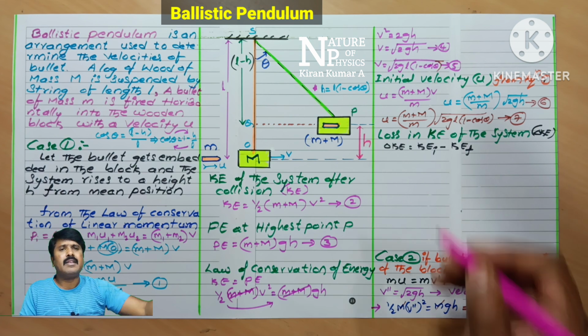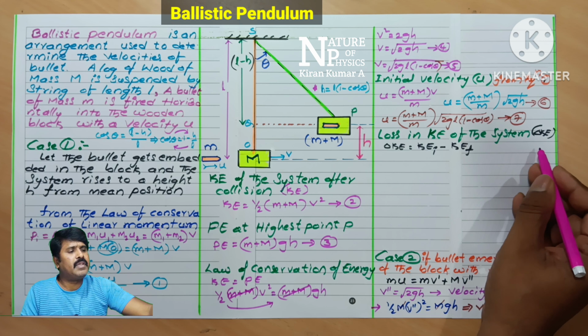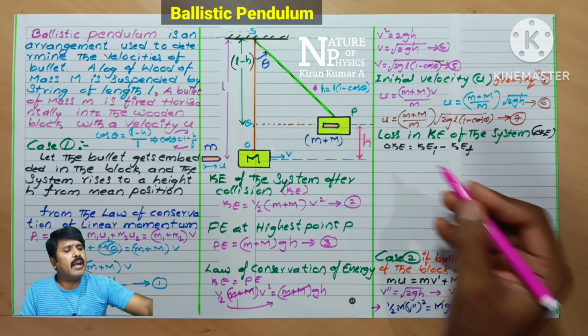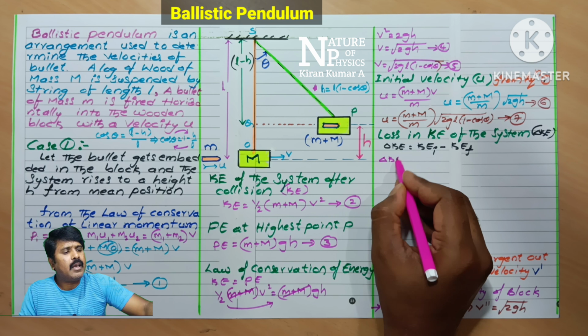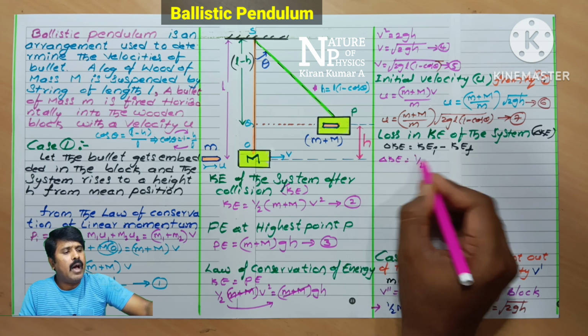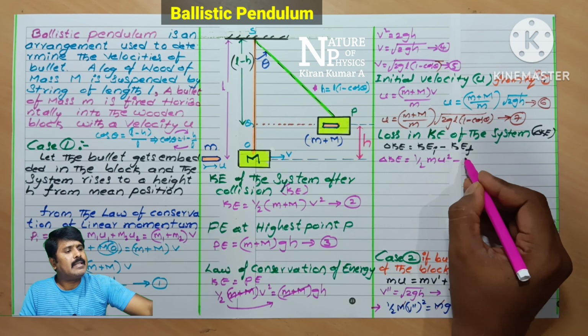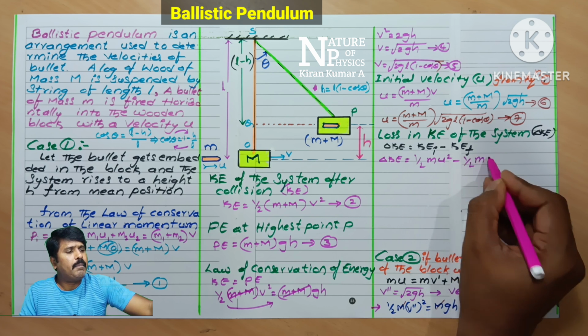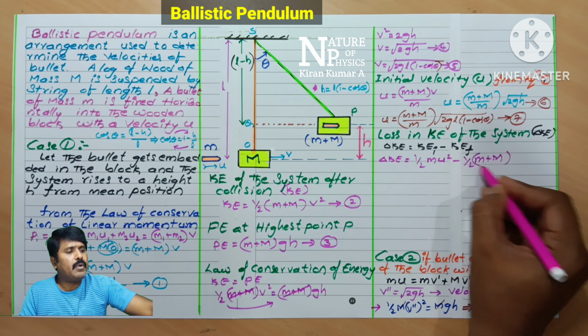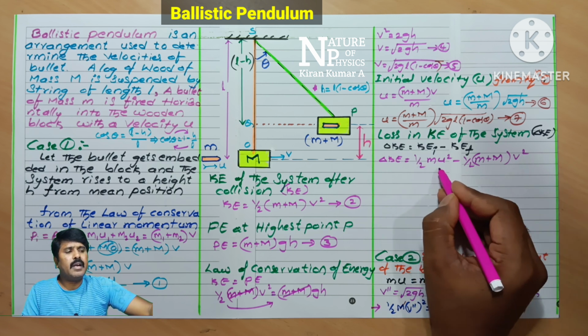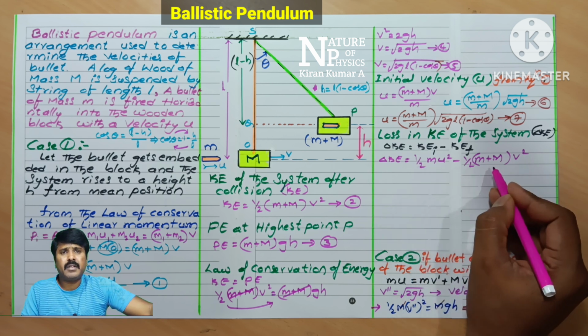And continuing, there is a loss in kinetic energy of this system, that is the initial kinetic energy minus the final kinetic energy. Delta KE is equal to half m u square minus half (m plus M) v square. This is the kinetic energy before the collision, and this is the kinetic energy after the collision.